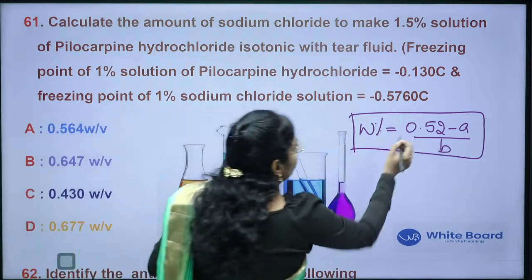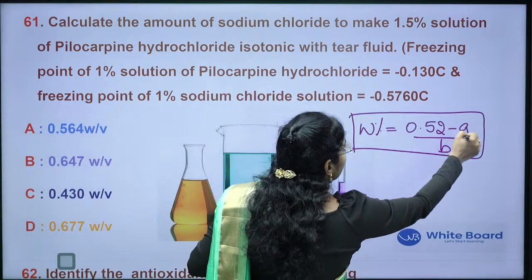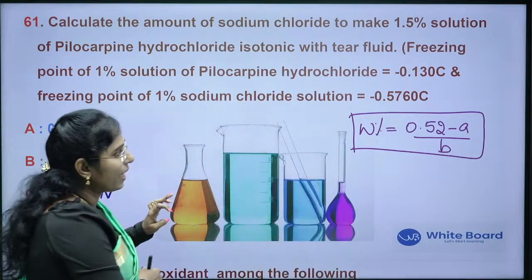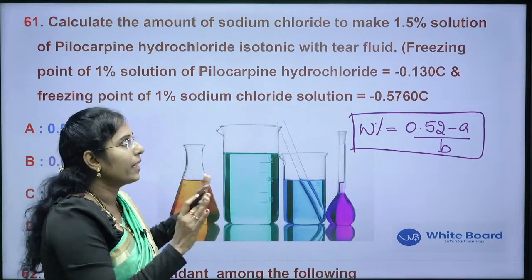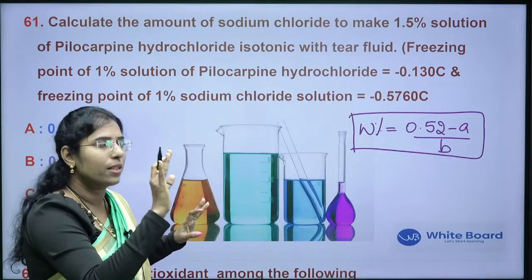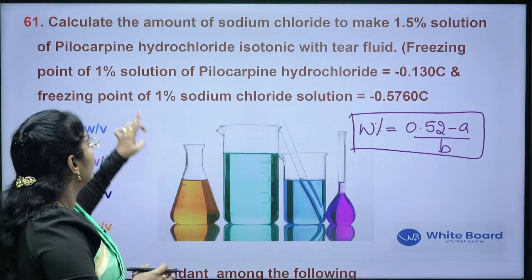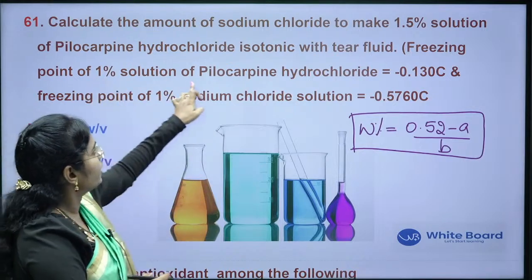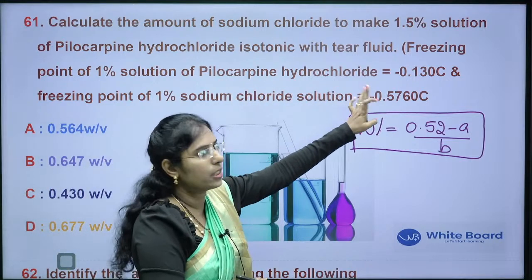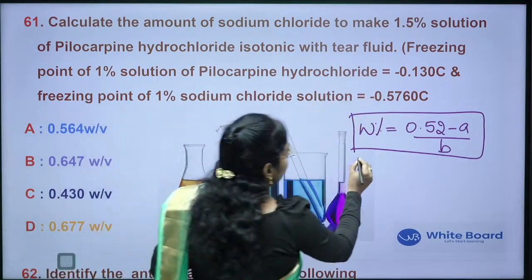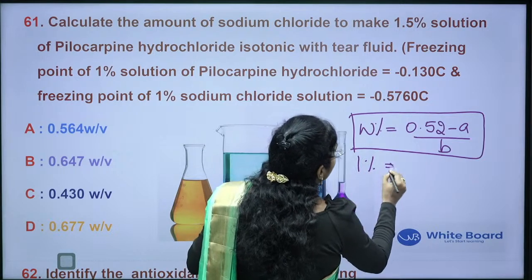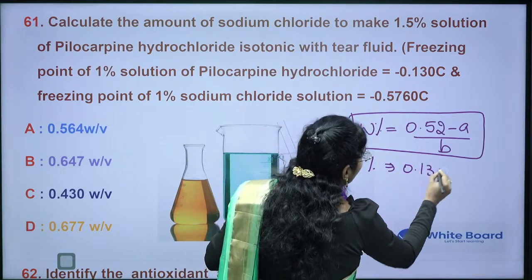Here first you need to calculate A. What is A? A is the freezing point of 1% pilocarpine hydrochloride. They have given that for 1% pilocarpine hydrochloride the freezing point is 0.130.